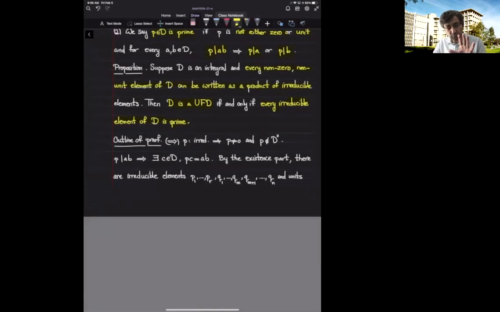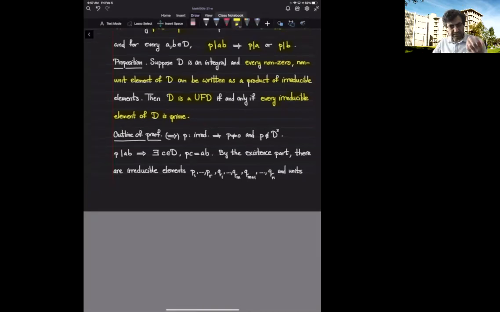So I'm assuming that my ring is a UFD, and I want to show that every irreducible element is prime. Let me say that in this proof there are many small details, many cases, but many of them are actually easy. I will present the gist of it, and you can see more details in the lecture notes. I will just tell you the important part of the proof.